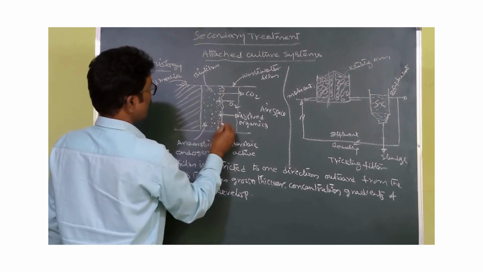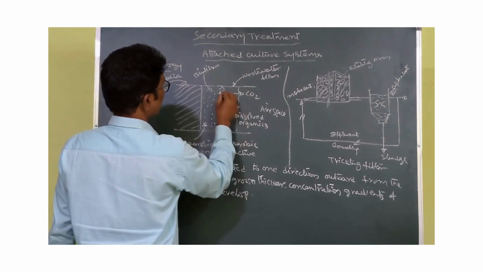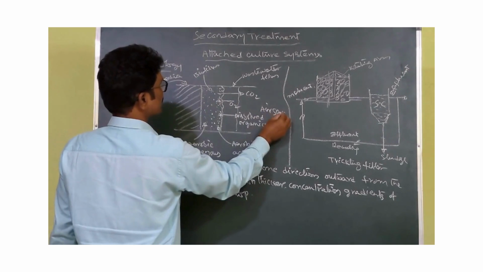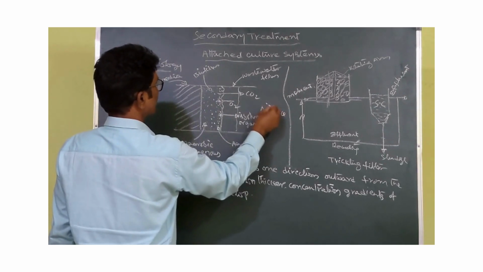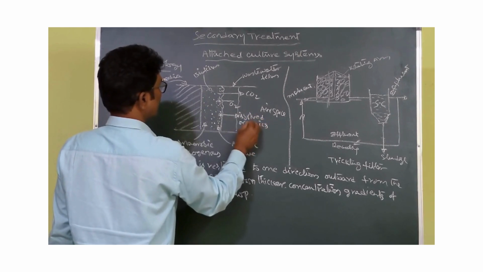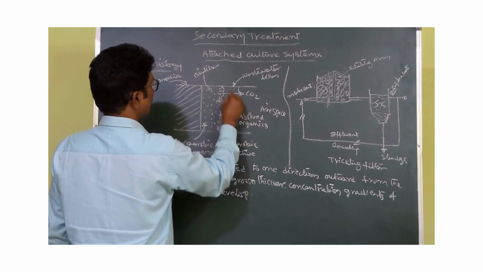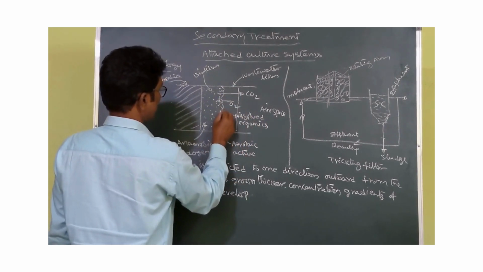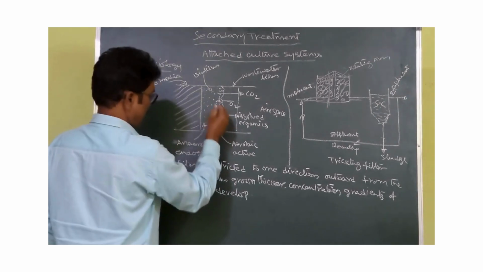The carbon dioxide is let out because of that reaction. Oxygen is supplied here, this is the air phase. From this air phase, the oxygen is supplied here. These are the dissolved organics that are consumed by the aerobic bacteria. This is the bacteria, of course aerobic bacteria.